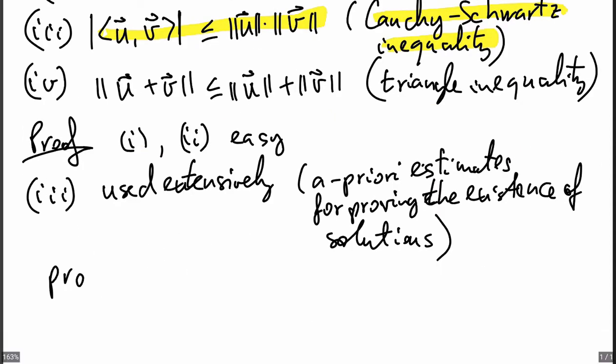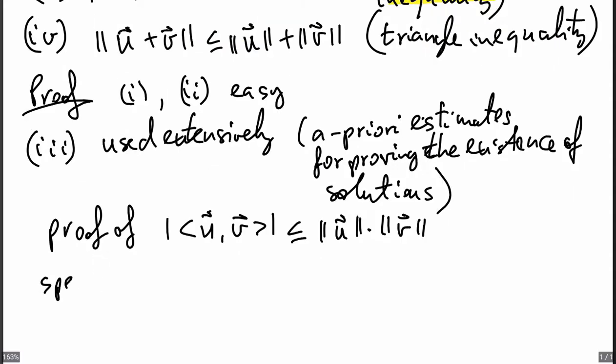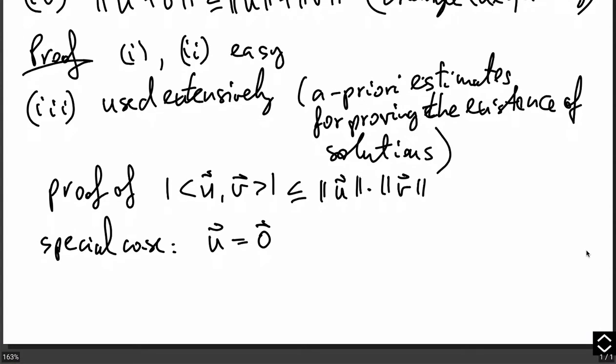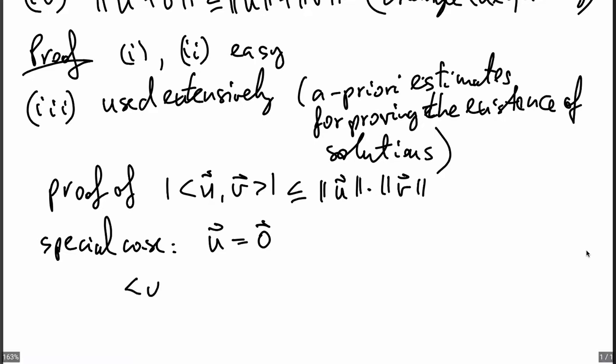So let's prove this. First, consider the special case when the u vector is 0. So the book states in this case that it's clearly true that we have this inequality. I don't think it's completely trivial, so let me show what happens when u equals 0. First of all, what we really have to see is that the 0 vector times the inner product with another vector will be 0.